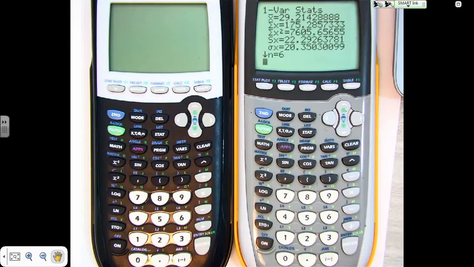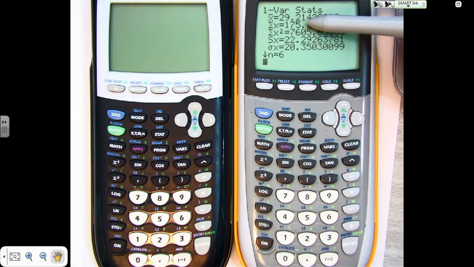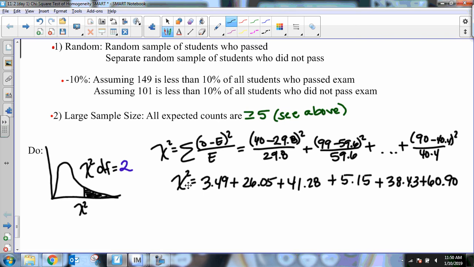Now, I don't actually need all of those, but what is helpful to me is this one here. This is the sum symbol, the sum of the x's. That's the sum of every value in list 3. So that actually adds them all up for you. So my chi-squared is quite large, 175.3. Okay, so you can double check my work there and add those values, but it adds them all for you.